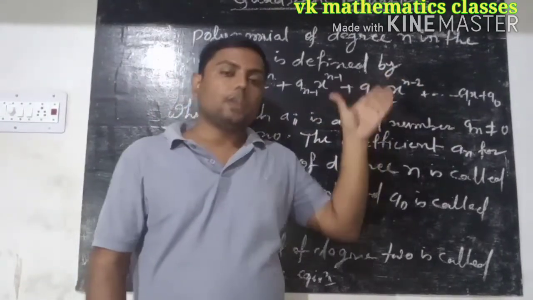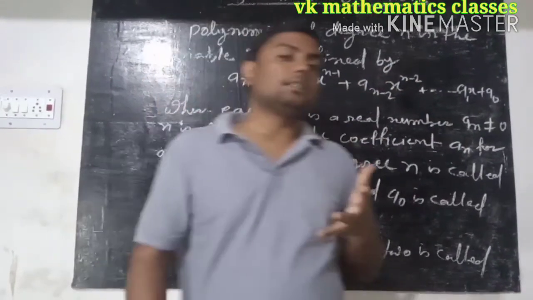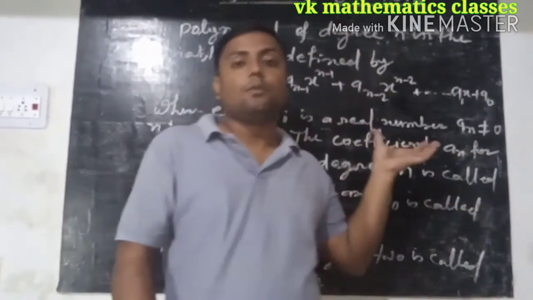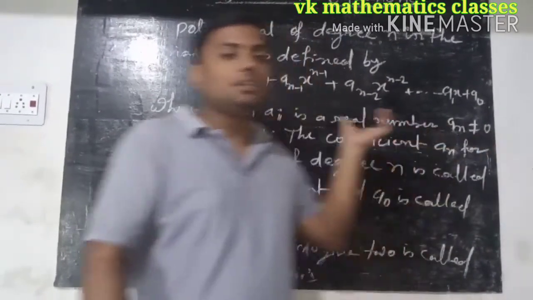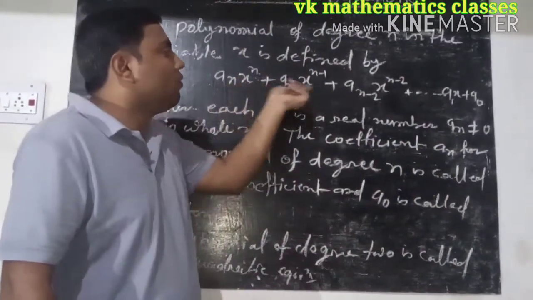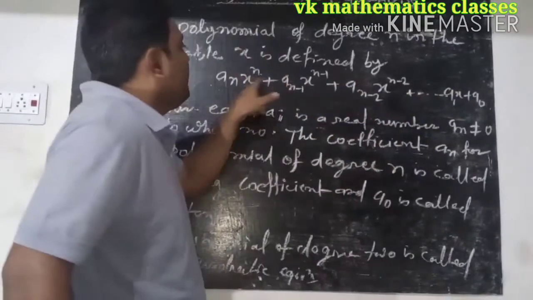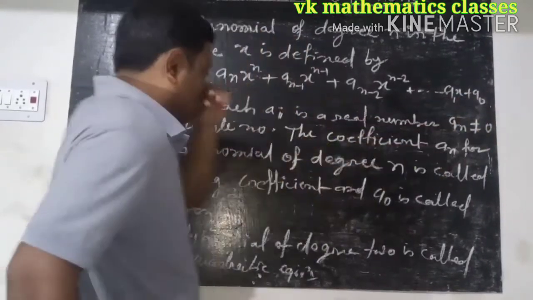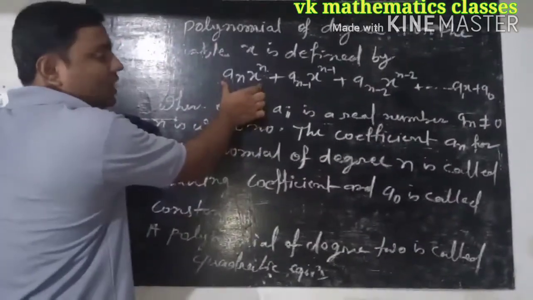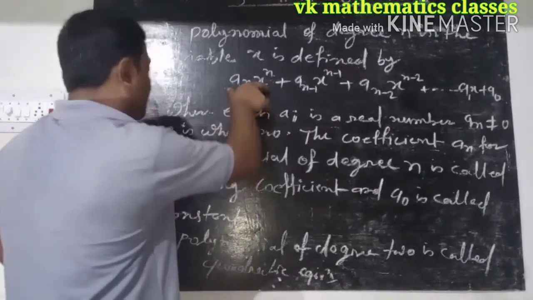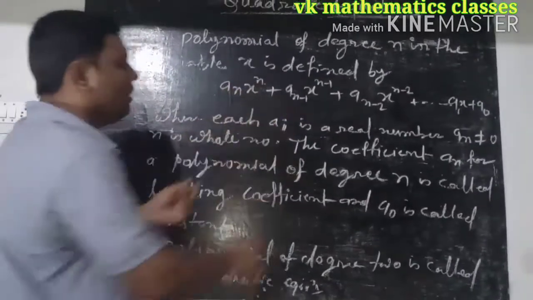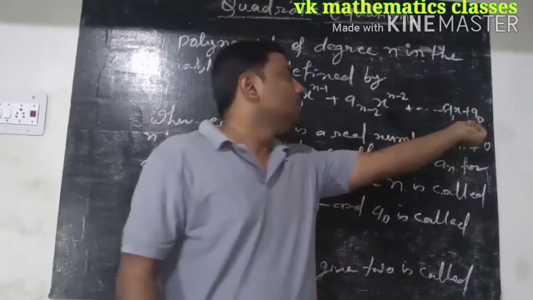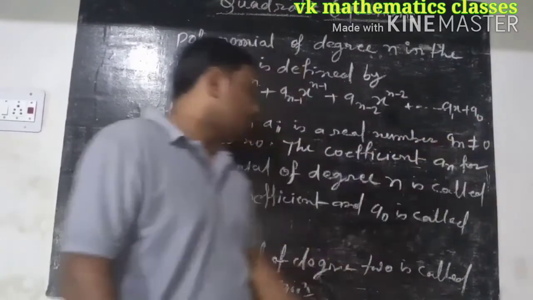Suppose the equation 2x square plus 3x plus 6. The 2x square has the highest power of x, so we write the highest power first and then decrease, like n minus 1, n minus 2 and so on, down to power 0. So the first term which contains the highest power of variable is the leading coefficient, here a_n, and the last term written as a0 is the constant.